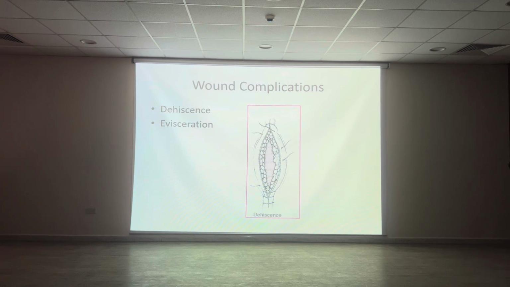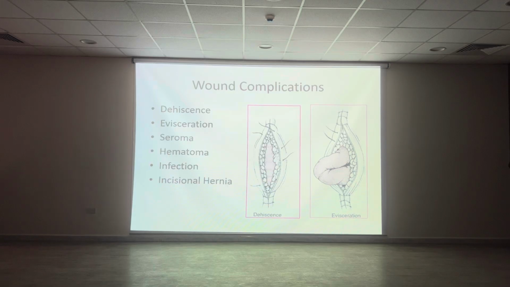One of the serious consequences of dehiscence is evisceration, which means protrusion of the intra-abdominal content outside the body. That would need an immediate intervention. As we said, other types of wound complications are seroma, hematoma, infection, or, as a long-term complication, incisional hernia.